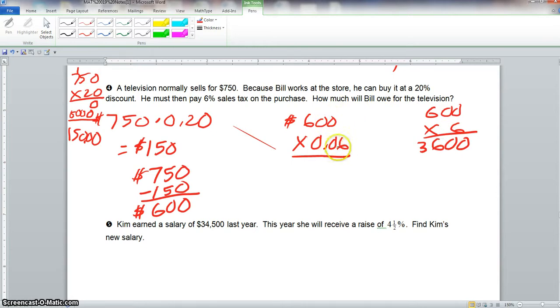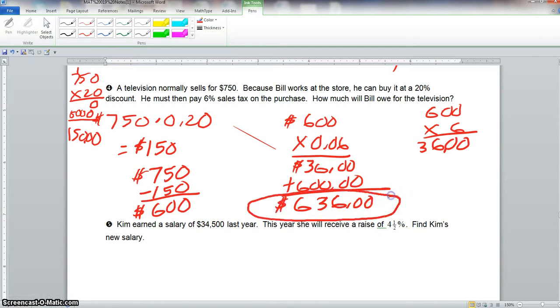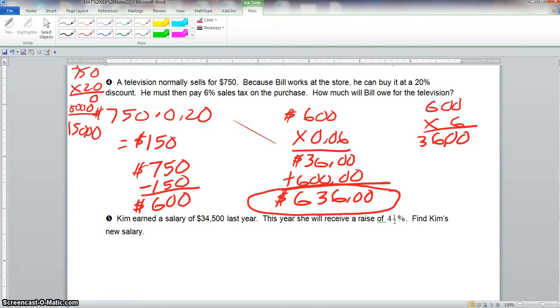So now we look at how many digits we have behind the decimal, which is 2. So this will be 36. So this will be $36. So now we have to add the $600 to the $36, and Bill would pay $636. That is the total price for the television.